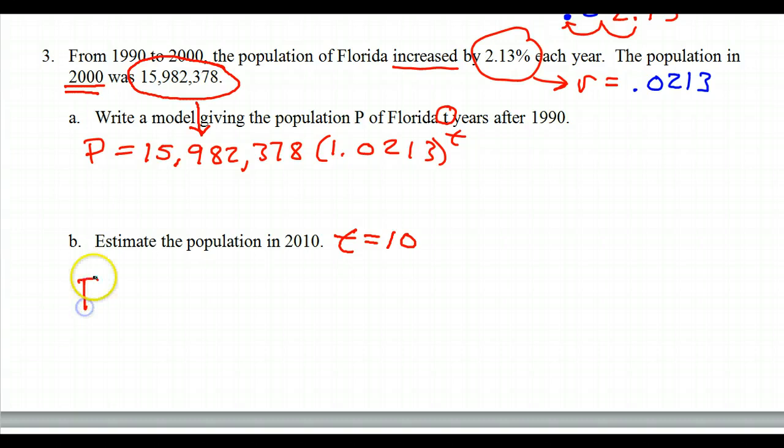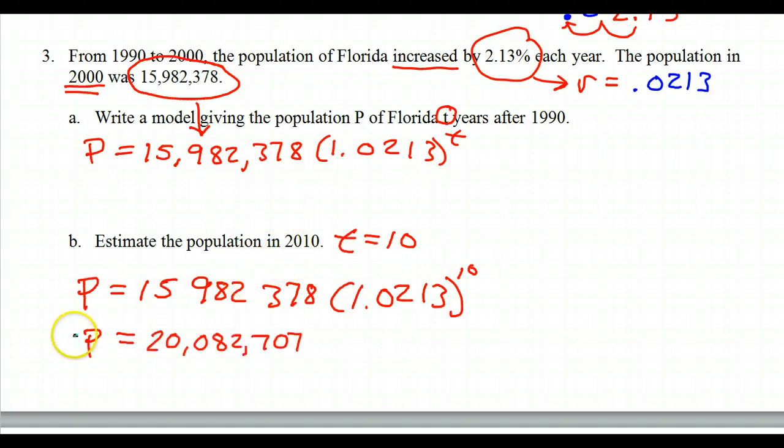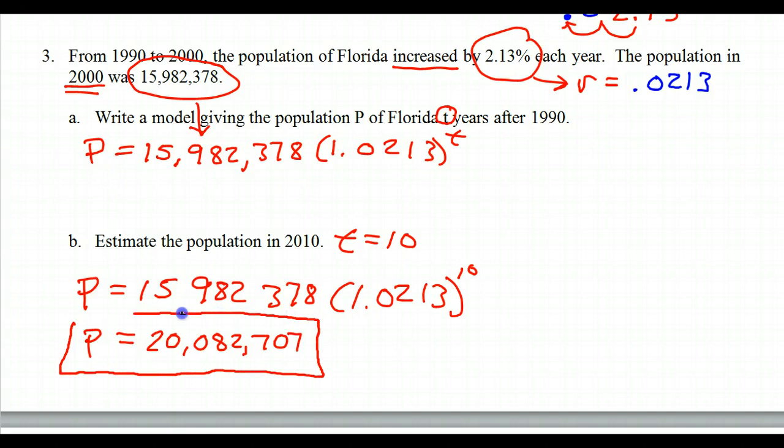So basically, you can get the population in 2010 by doing 15,982,378 times 1.0213 to the 10th power. So just type all this in your calculator, and that will give you the estimated population in 2010. That turns out to be about 20,082,707. I'm going to go ahead and round it to the nearest person.